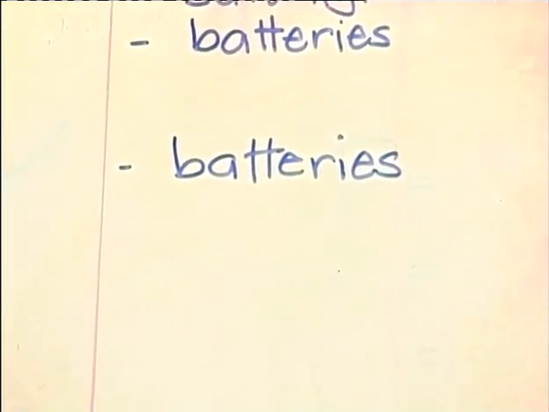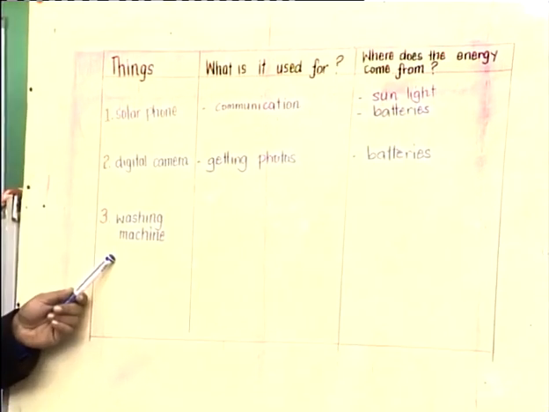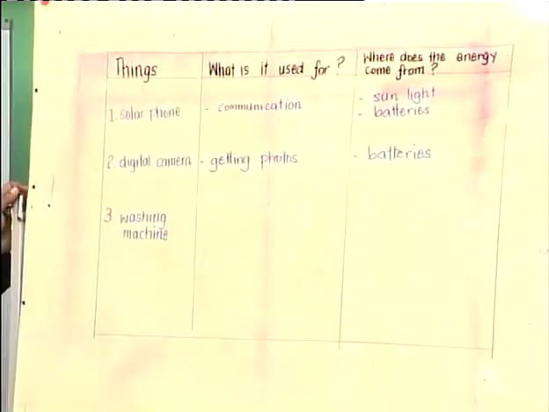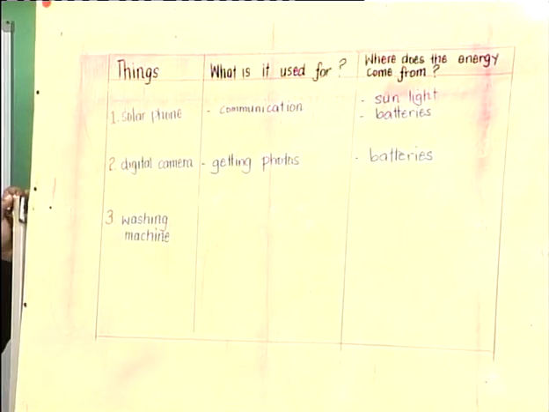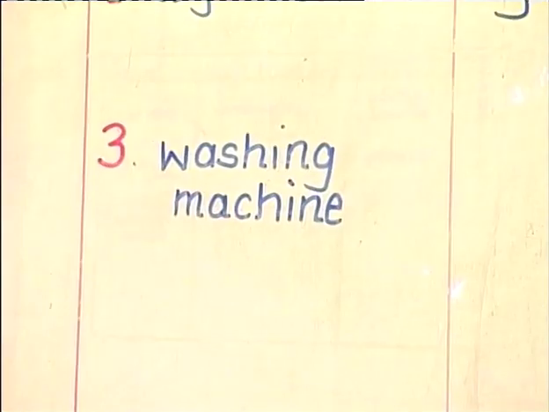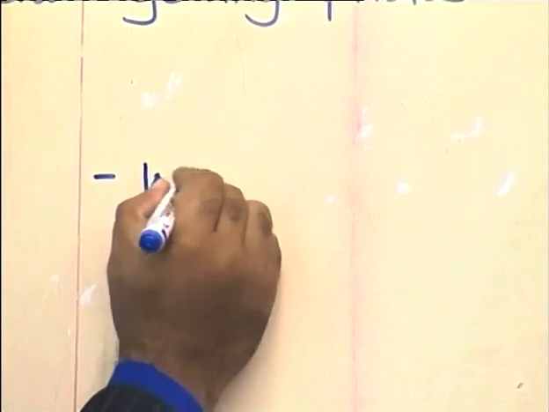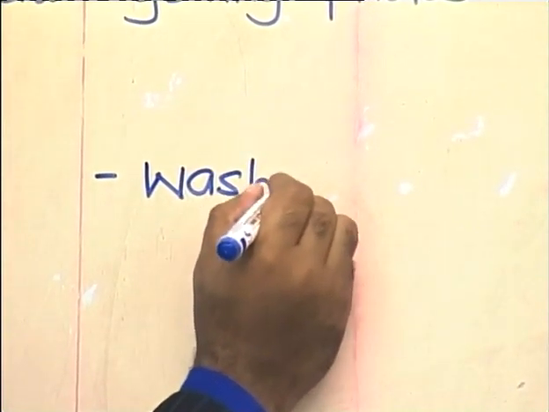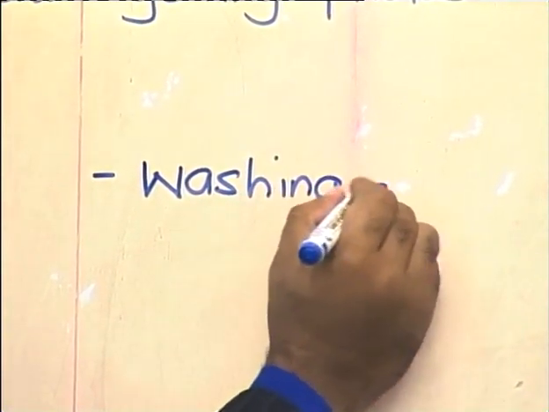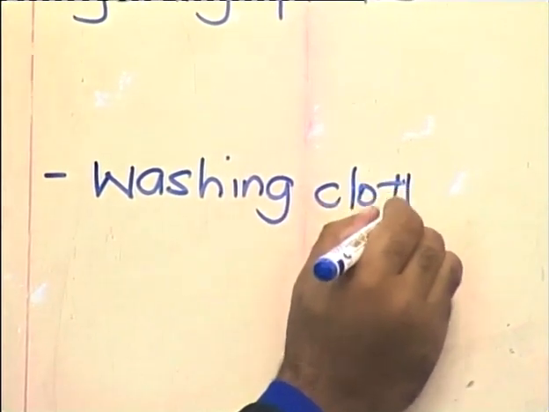And number three, we have washing machine. What is it used for? Taylor? Washing clothes. Very good. And where does the energy come from?